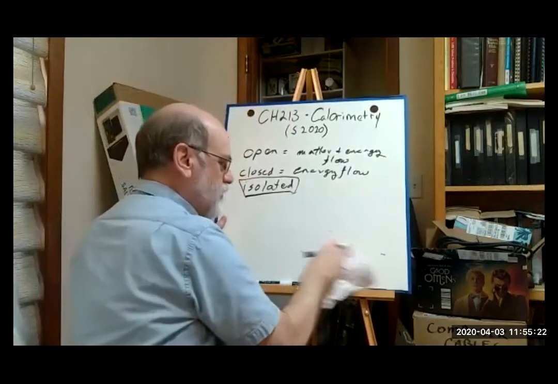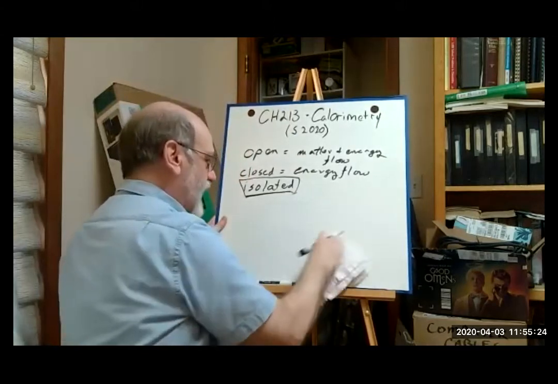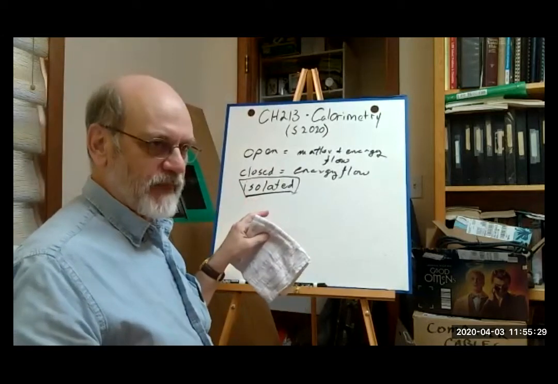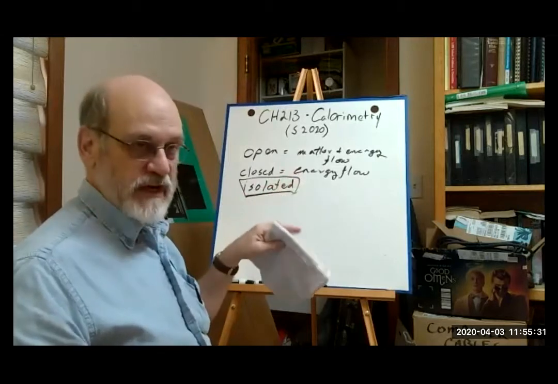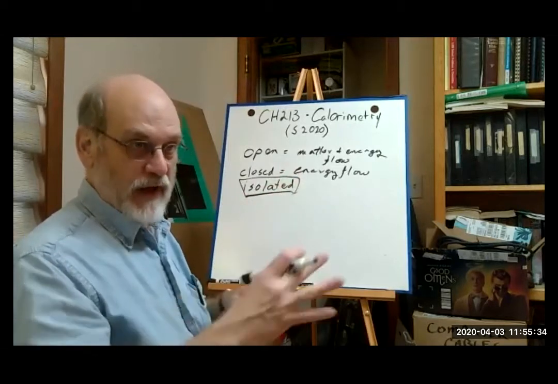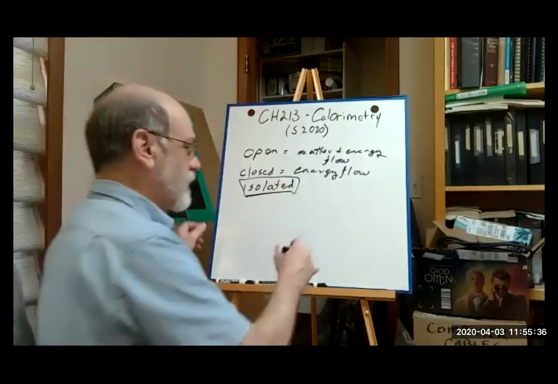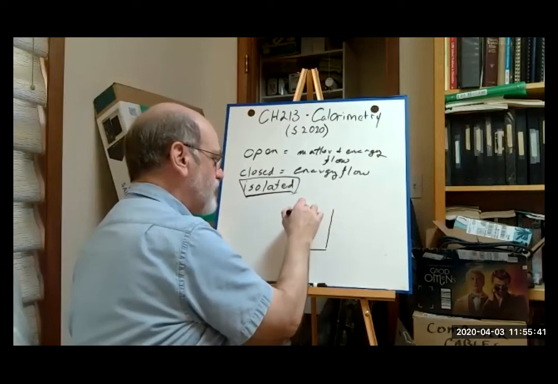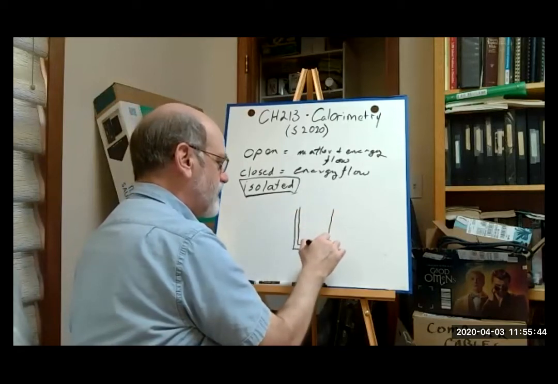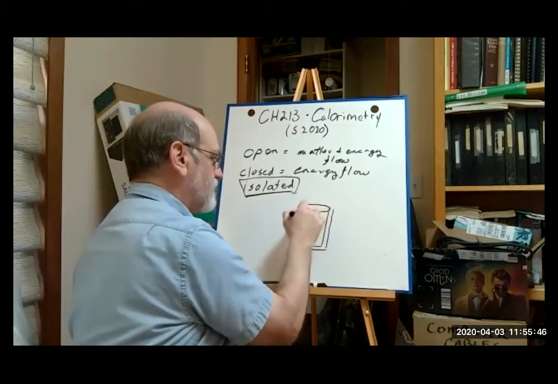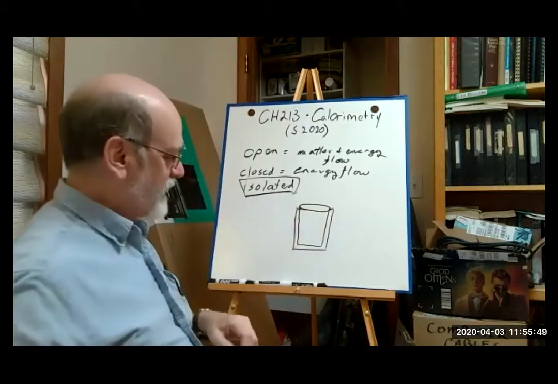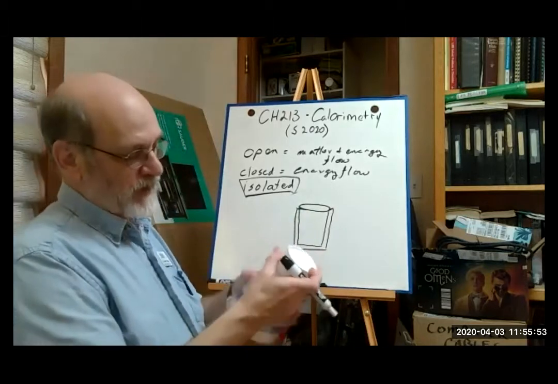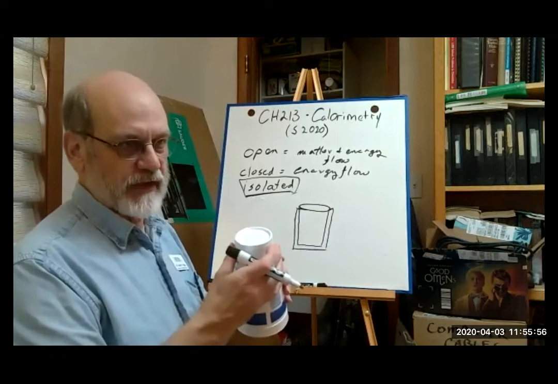So what's key to using calorimetry is that our device creates an isolated system and neither matter nor energy can cross the boundary of our calorimeter. In our case, our calorimeter is going to be made of a styrofoam cup inside a styrofoam cup. That's to give us double insulation. So styrofoam is an extremely efficient insulator.